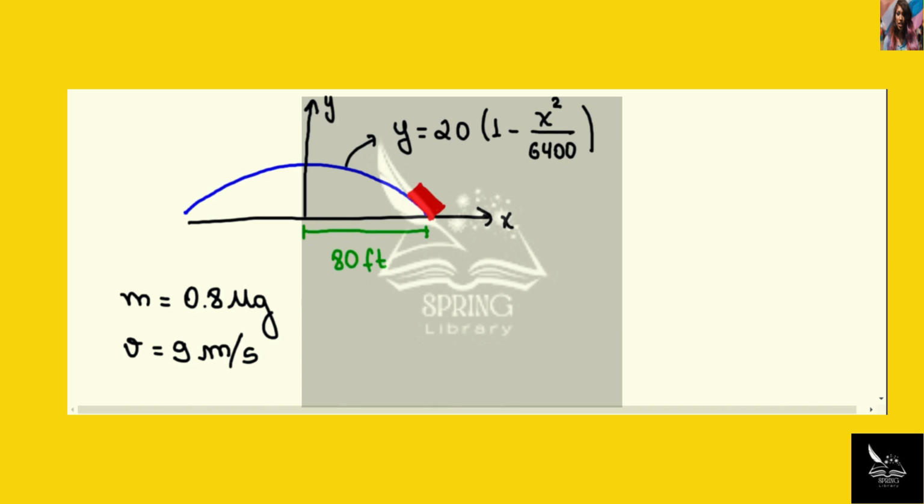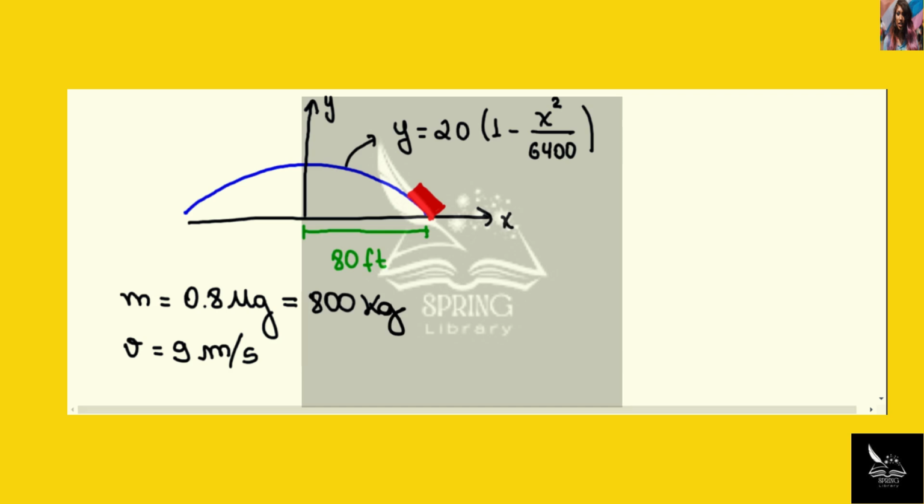Okay, and we're going to use these two concepts in our exercise. So what we have is a car that is moving along a hill that is shaped like this parabola here. Y equals 20 times 1 minus x squared over 6,400. And the mass of the car is 0.8 megagrams, which is the same as 800 kilograms.